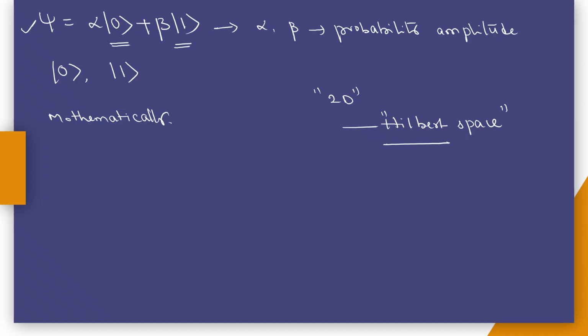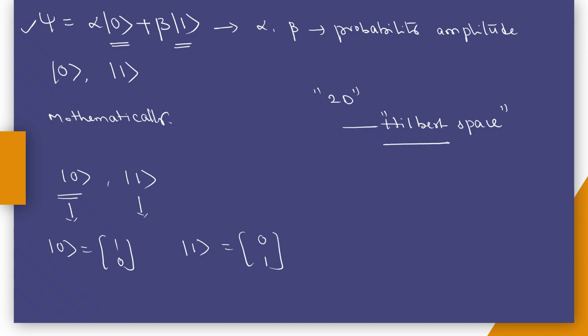Coming to the basic states, the zero state and the one state, these states are mathematically represented using vectors. State 0 is represented with the column vector 1 0 in vector space, and state 1 is represented with the column vector 0 1.